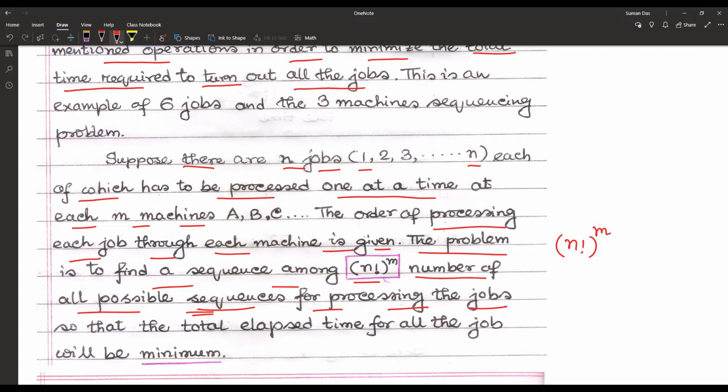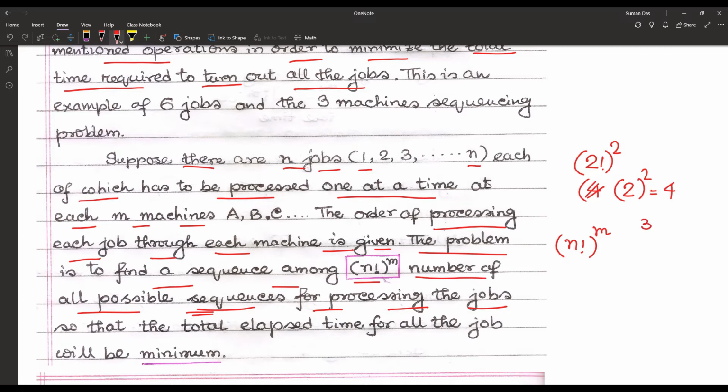Suppose we have 2 jobs and 2 machines, then there may be (2 factorial) to the power 2, that is 4 total possible sequences.